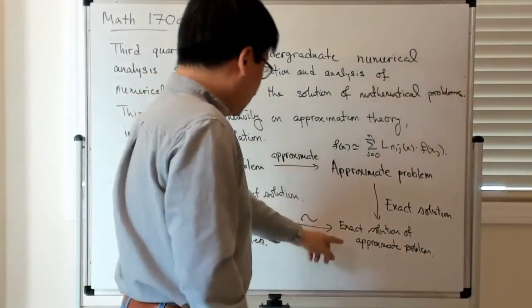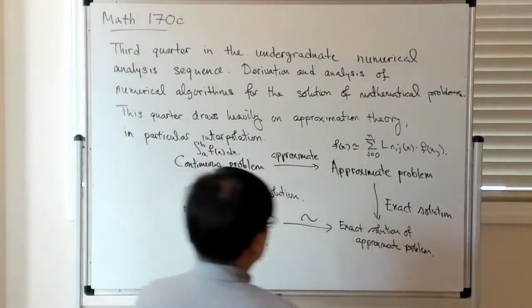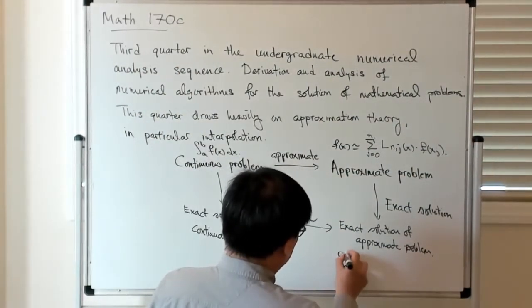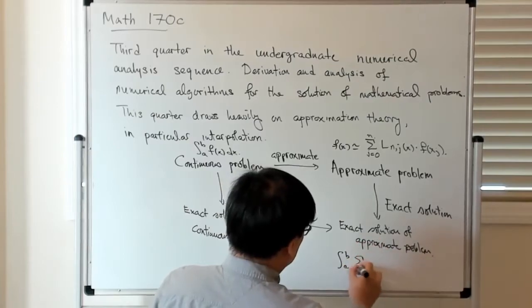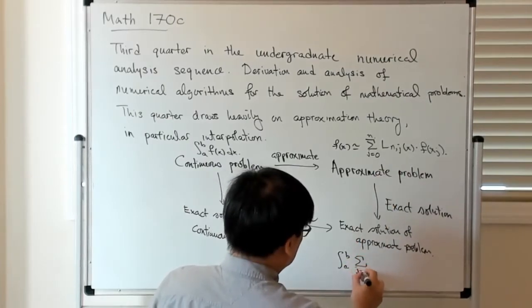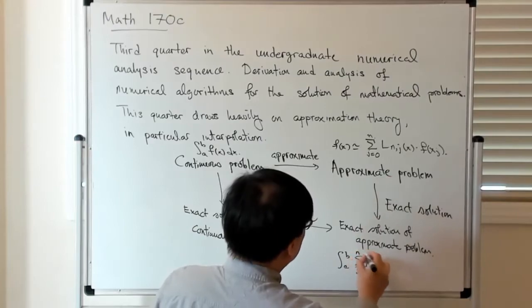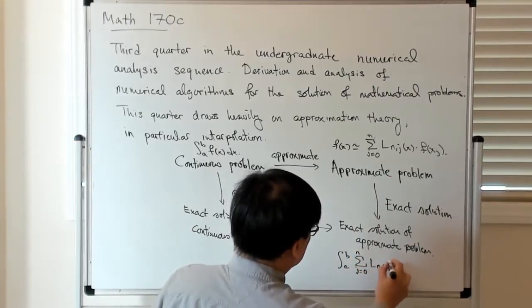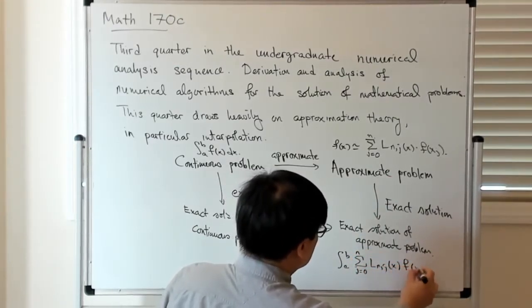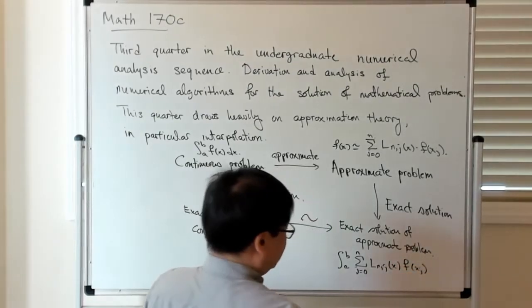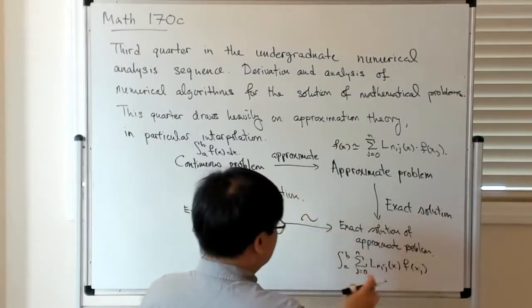Then the exact solution of the approximate problem is the integral from a to b of this interpolant. But f(x_j) is just the function evaluation of f at a bunch of points.